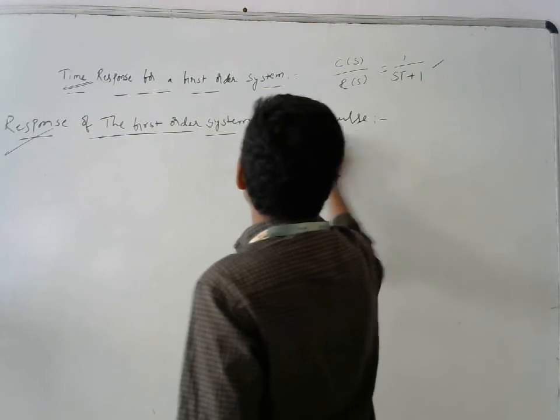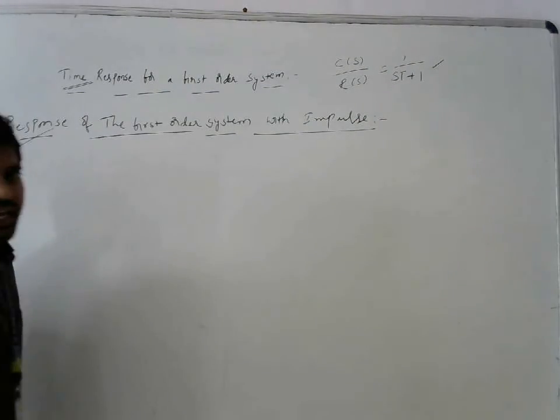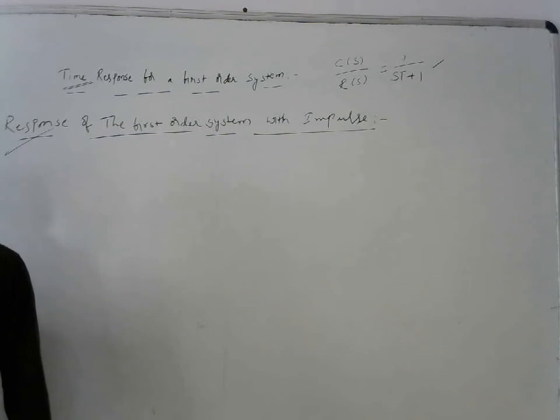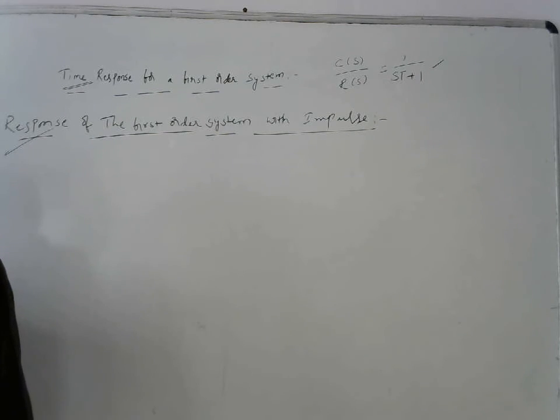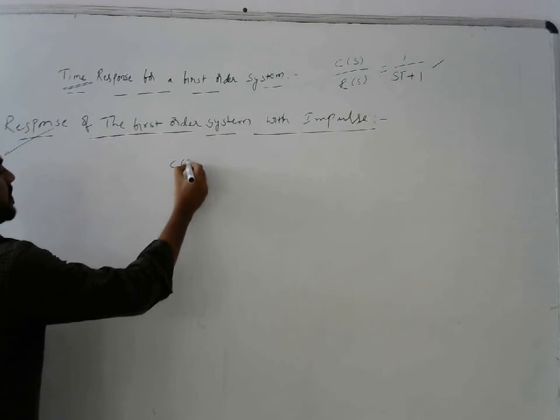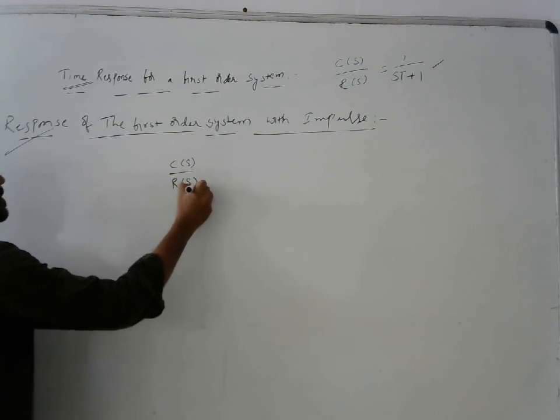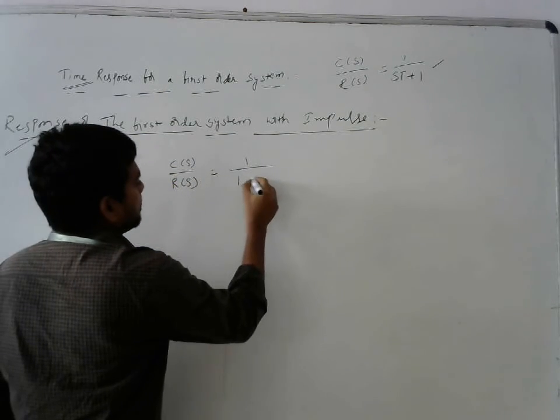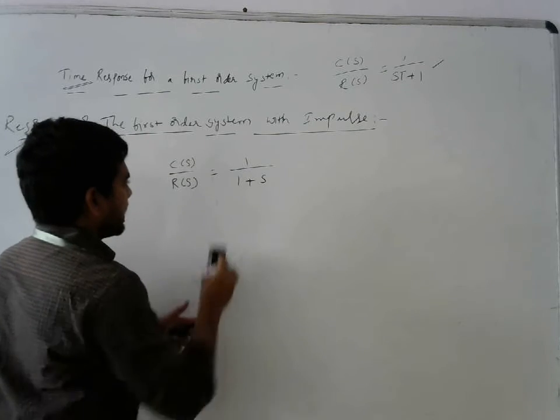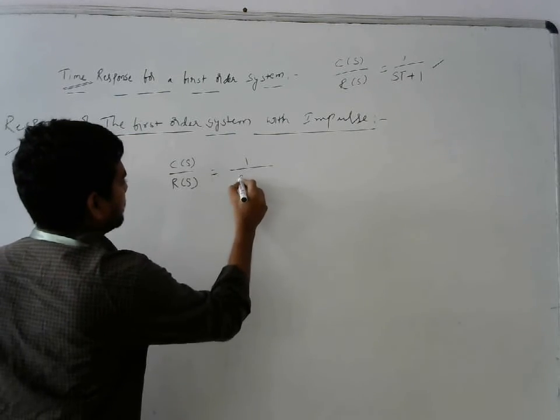What is the transfer function again? The transfer function of a first order system is 1 divided by 1 plus st. Now the transfer function is C of s by R of s equal to 1 divided by st plus 1.